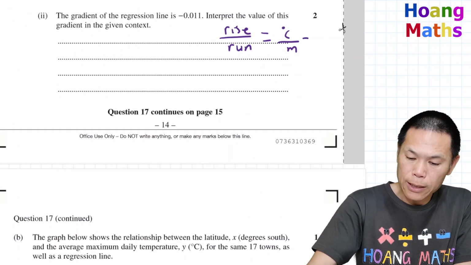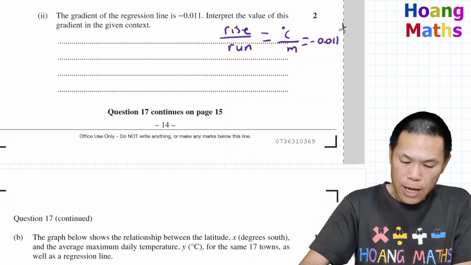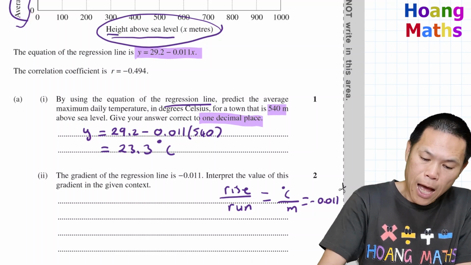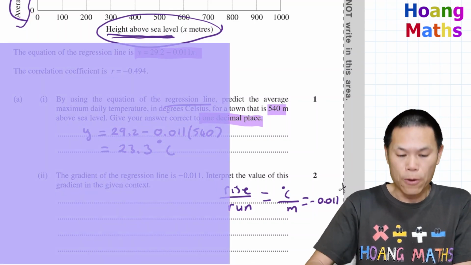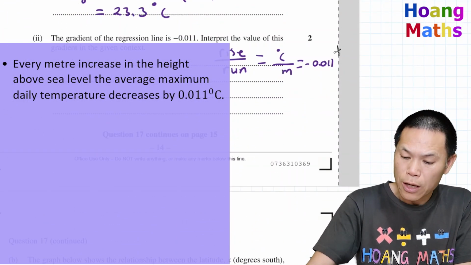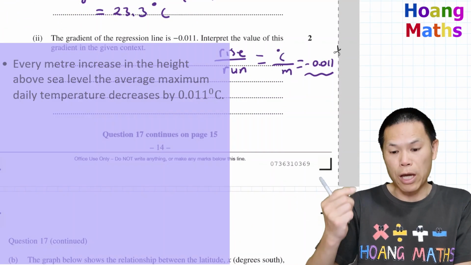So that is negative 0.011. In other words, for every meter increase in the height above sea level, the average maximum temperature decreases by this amount. So keep that in mind.